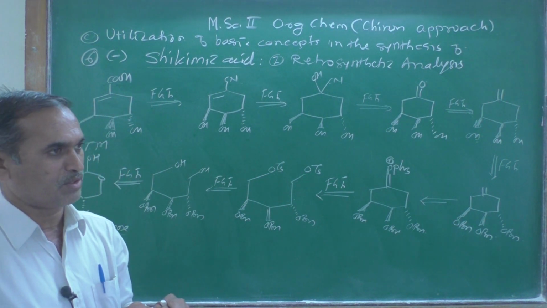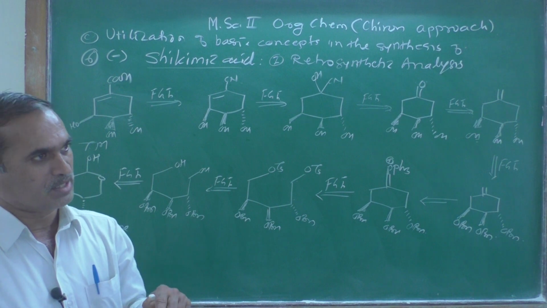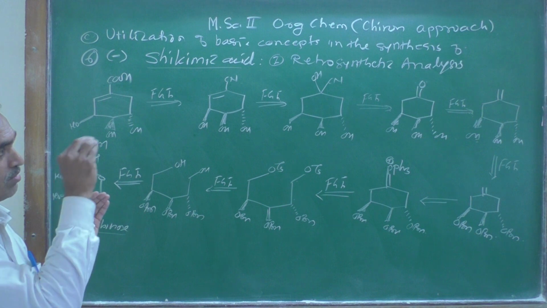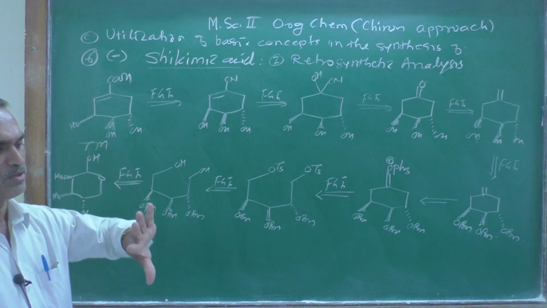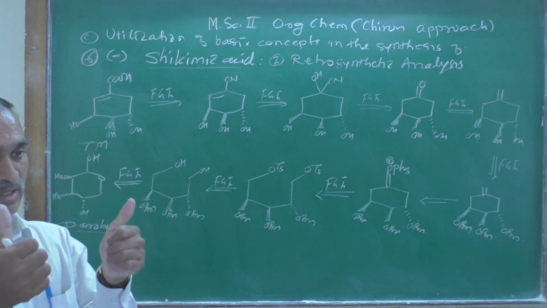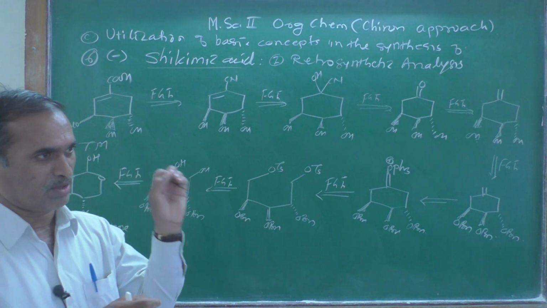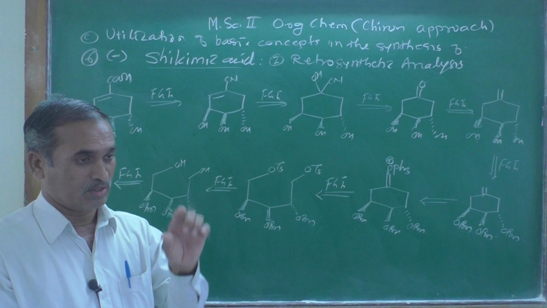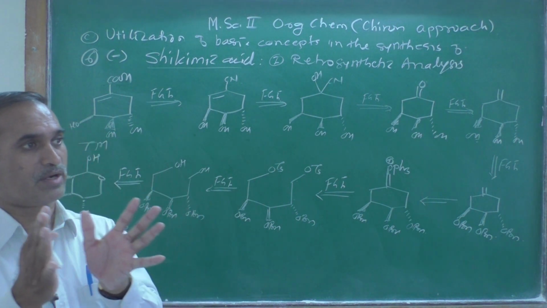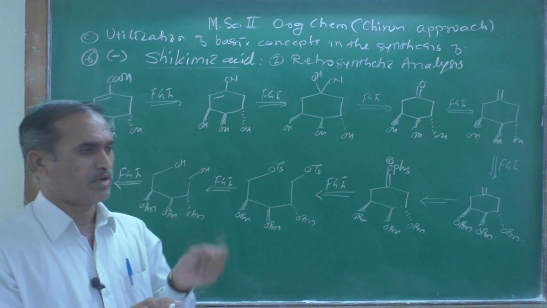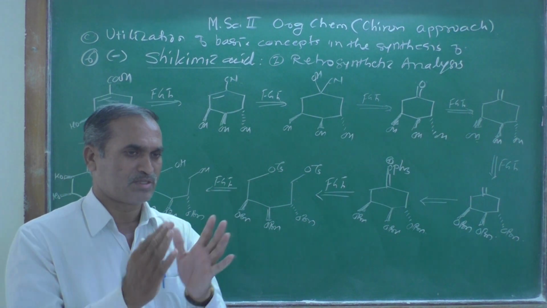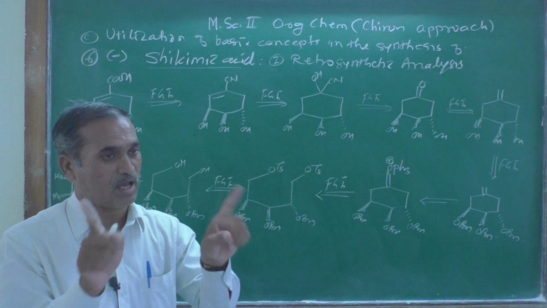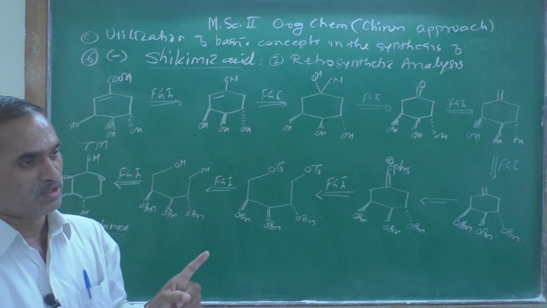Second is alpha amino acids or carboxylic acids, or the terpenes. These are the things you have to keep in mind while synthesizing. But in most of the compounds we are learning, we have carbohydrate type of symmetry everywhere, and in some cases it is apparent, meaning we can clearly see the carbon framework there.